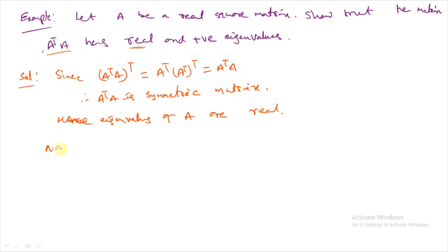Now you have to show that the eigenvalues are positive. Check whether the quadratic form X transpose A transpose A X is positive or not. If the quadratic form is positive, the eigenvalues are also positive. X transpose A transpose A X, the same as X transpose A transpose times AX, you can write as AX whole transpose into AX.